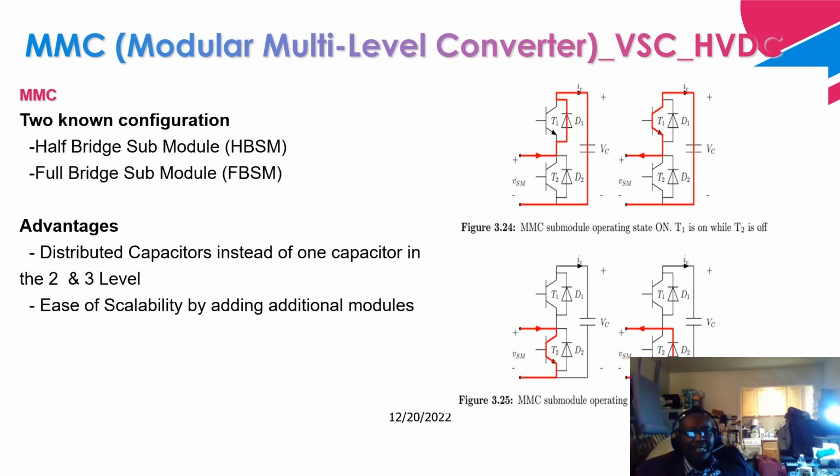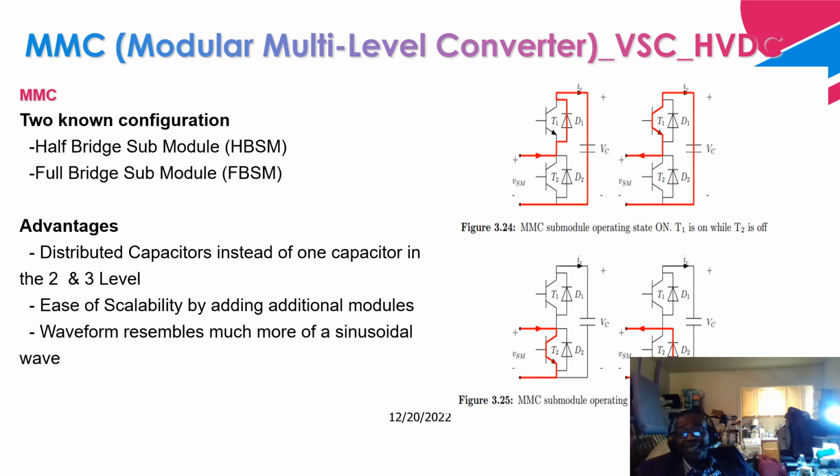Like I made mention, the half-bridge submodule utilizes 2 IGBTs. As such, the conduction losses and the power losses are much lower, right, as compared to a full bridge that utilizes 4 IGBTs. Also, you can scale it to whatever voltage.